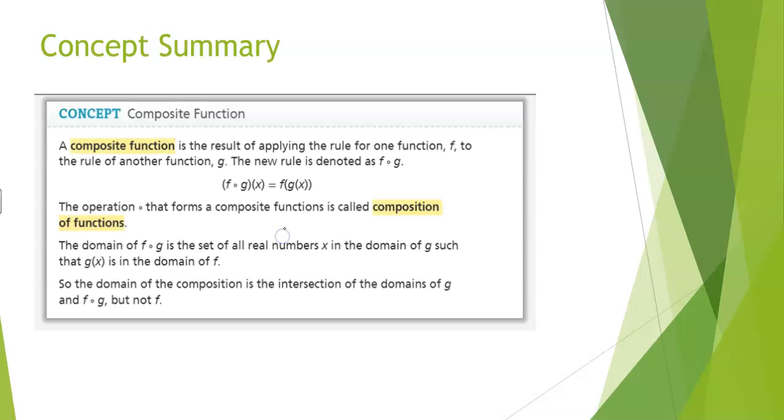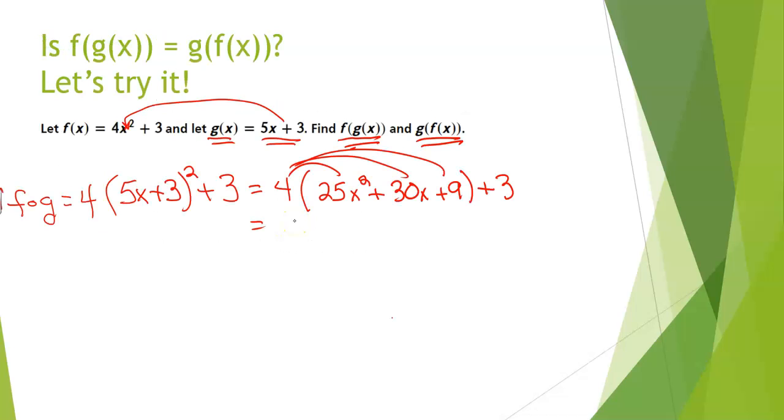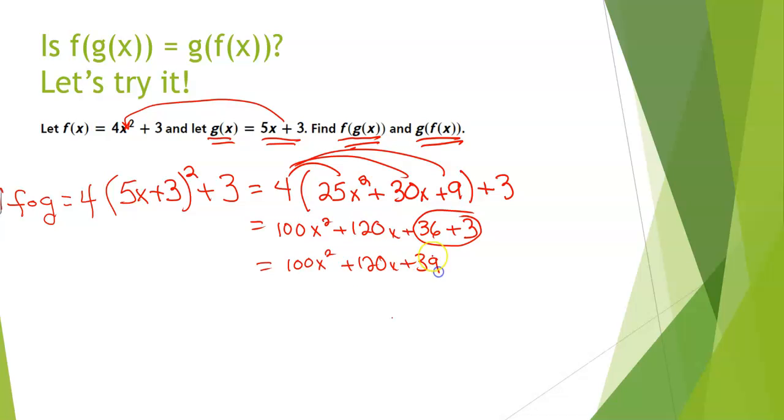So I get 100x squared plus 120x plus 36 plus 3. And then you can combine these, as simple as it'll get. So that's f of g of x.